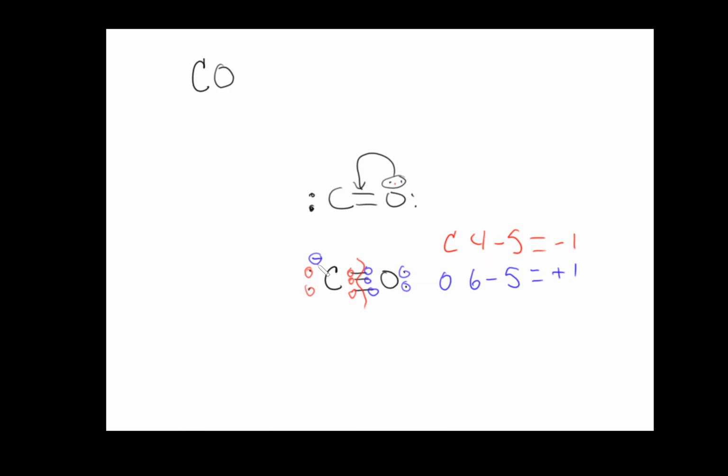So I would put a -1 right there, and I'd put a plus right there. But overall, it's still neutral. So it is not ionic. It is still neutral, but it does contain formal charges. So let me redraw it. So I have that as my Lewis structure.